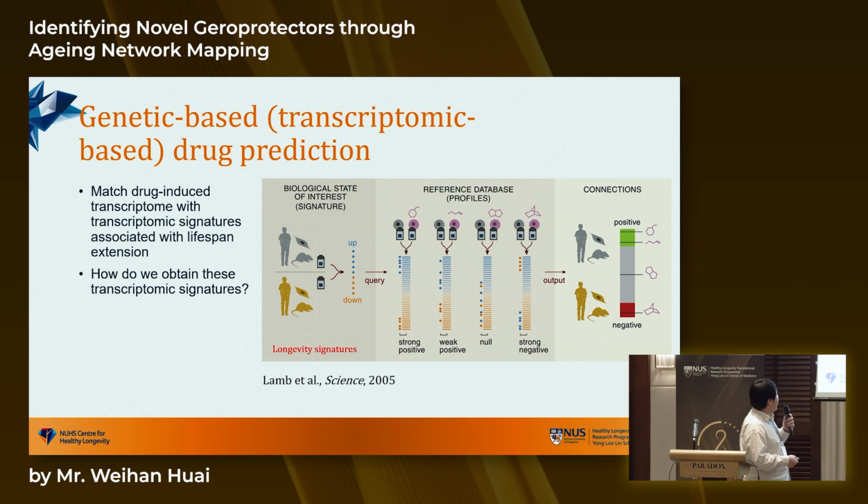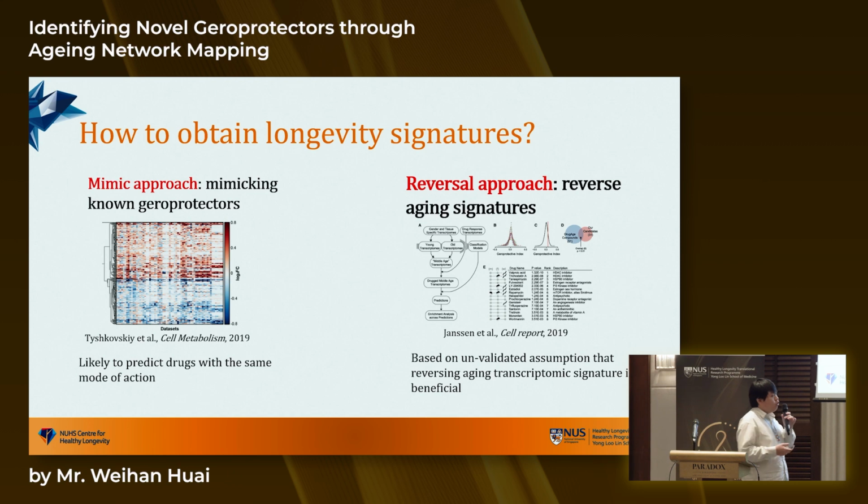But the question is, how do we obtain these longevity signatures? There are basically two ways of doing it. The first one we call the mimic approach, which is mimicking the known geroprotectors. Back in the days, people did things like mimicking calorie restriction.